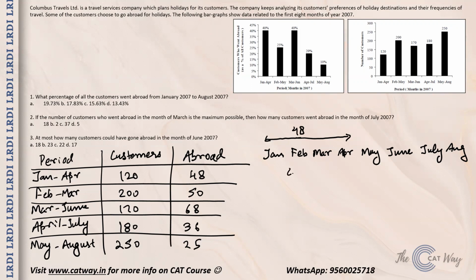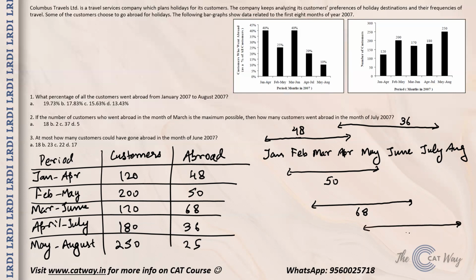February to, sorry, it's not March, it's May. February to May, the total was 50. Then you have March to June, for which the total was 68. Then you have April to July, for which the total was 36. And at last you have from May to August, the total was 25.